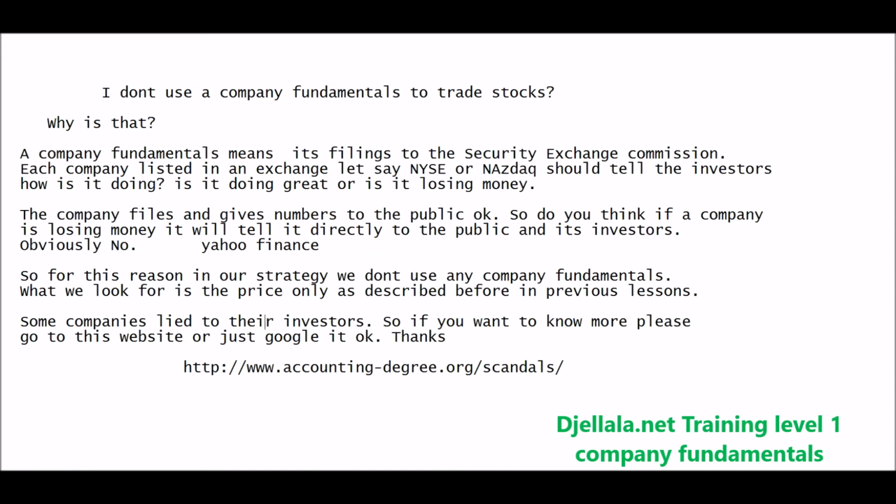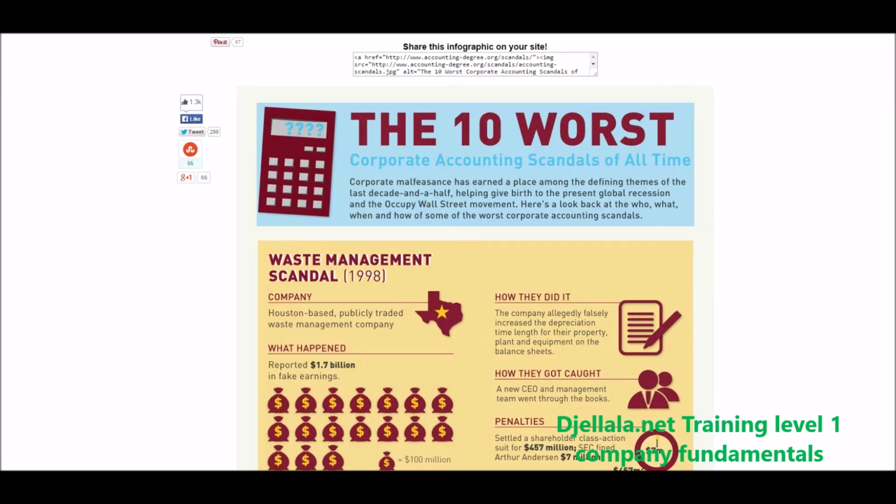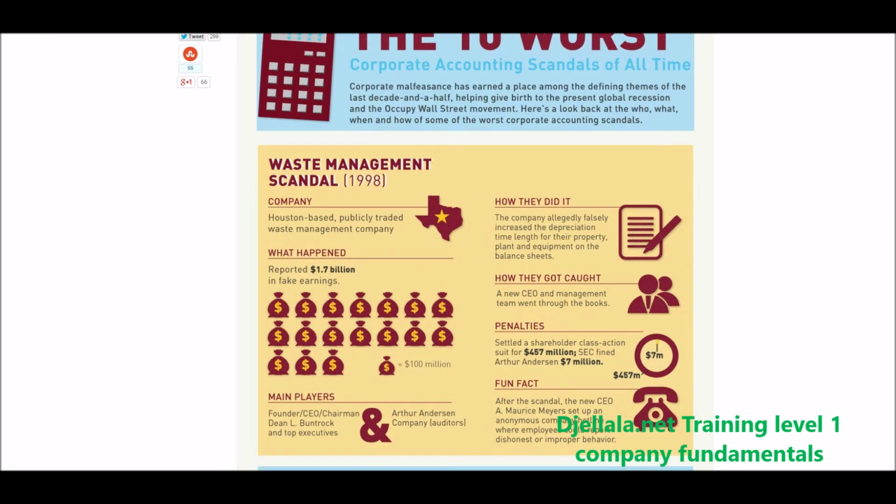Okay? Thanks. So we will go to this website. You can find a lot of websites. Okay? So, the 10 worst corporate accounting scandals of all time in America. Now, let's say this company. It's called the Waste Management Scandal, 1998.